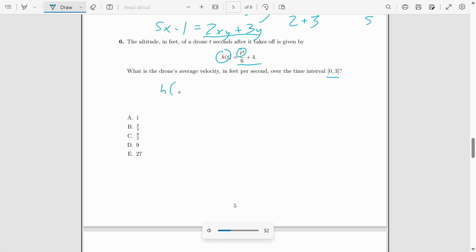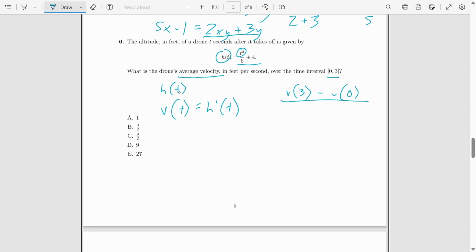If you're given the position function, then the velocity function is just the first derivative of the position function. And then in order to find the average velocity over the interval, we plug in the ending time, subtract the value at the starting time, and divide all that by the second time minus the first. So this is our part 2 here.